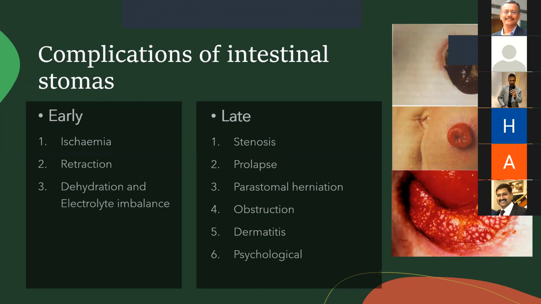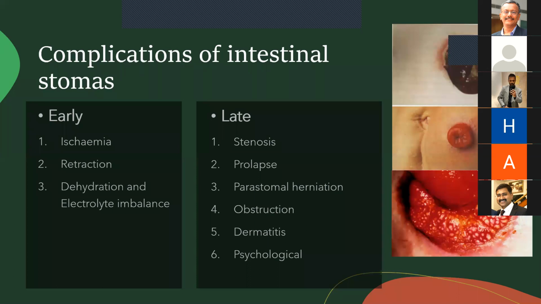The most common complication in cases of an ileostomy, however, is an electrolyte imbalance, dehydration, and dermatitis around the skin due to the effluent coming in contact with the skin. When a patient is dehydrated, we have to give adequate IV fluid and manage accordingly. The electrolyte imbalance should also be addressed accordingly.